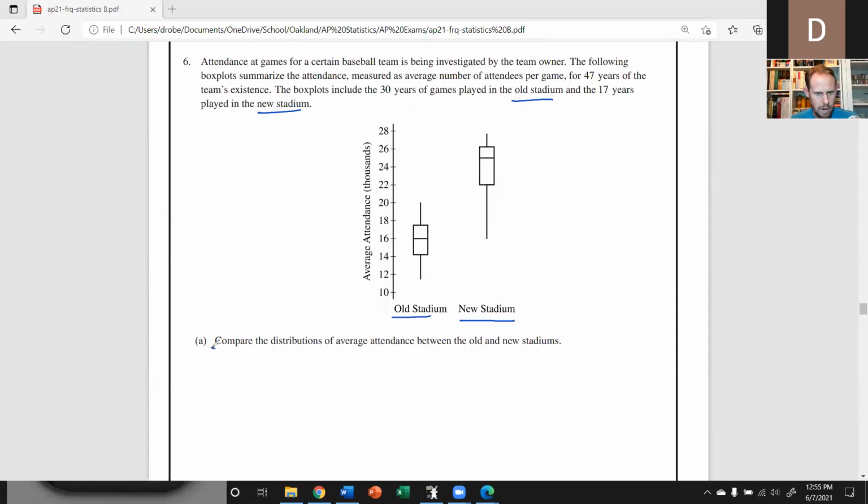Well, if we're told to compare distributions, we want to CUSS and we want to compare it. We use comparison words when we CUSS. So first, C, centers. Don't forget to be specific. This one looks to be about 16, and this one looks to be maybe 25. So we want to say the new stadium has a higher median average attendance than the old stadium.